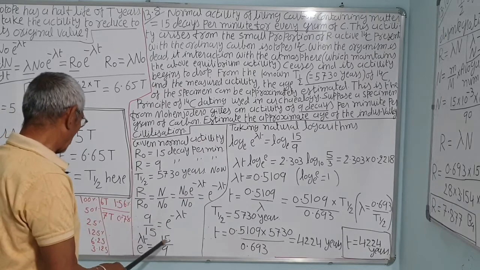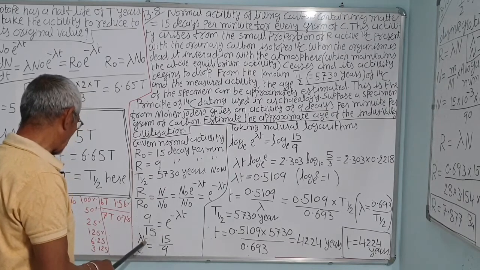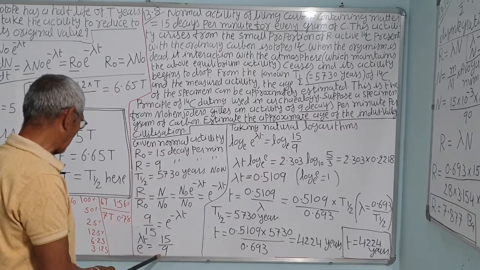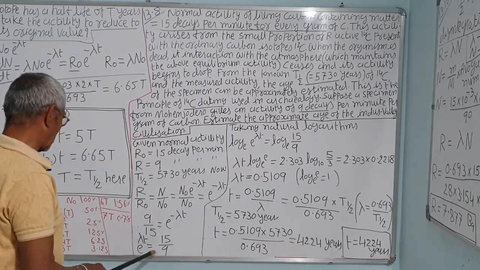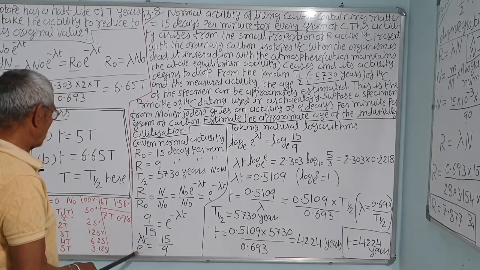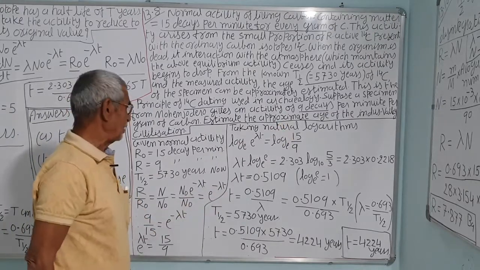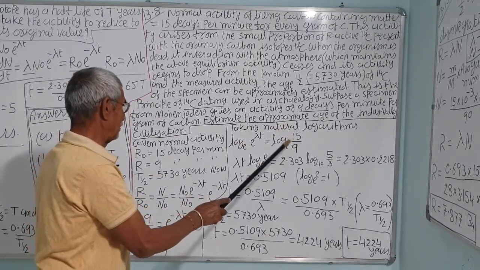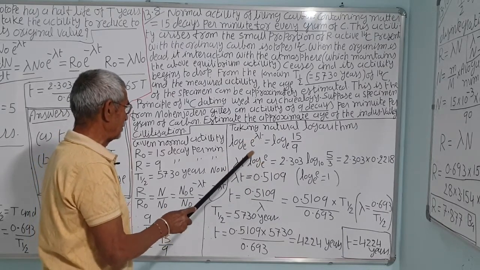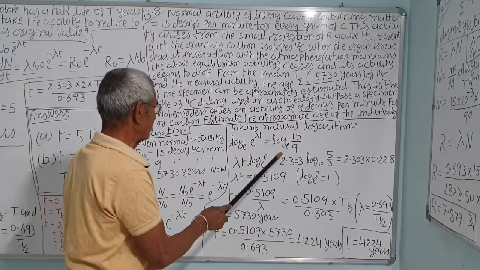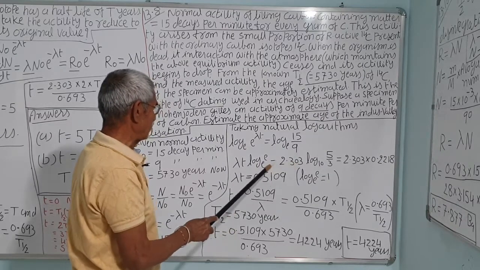Take the reciprocal: e raised to lambda T is equal to 15 upon 9. Now take the log of both sides: lambda T times log e, which is 1, is equal to log of 15 by 9, that is 5 by 3. Changing the log to base 10, multiply by 2.303, as we saw in the previous example.